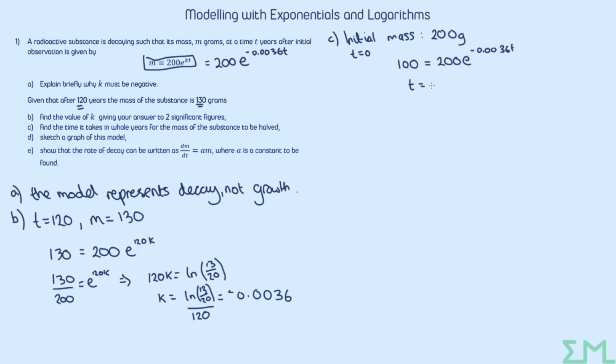We are then going to need to ln our half to get the negative 0.0036t out of the exponential function, and then we will need to divide by the negative 0.0036, which would have been up here, multiplied by the t. Let's pop that in our calculators.